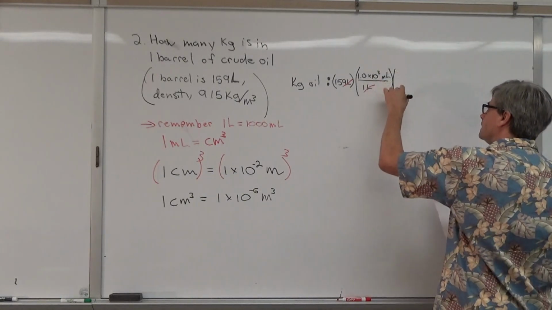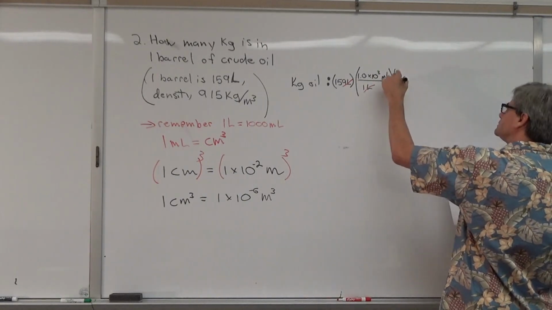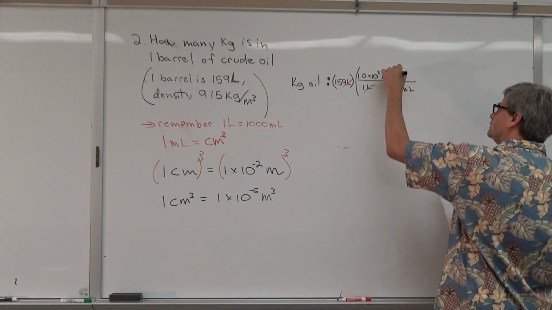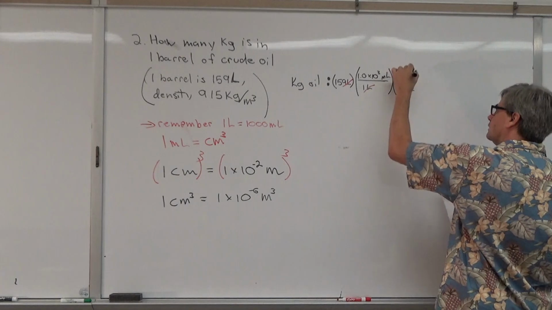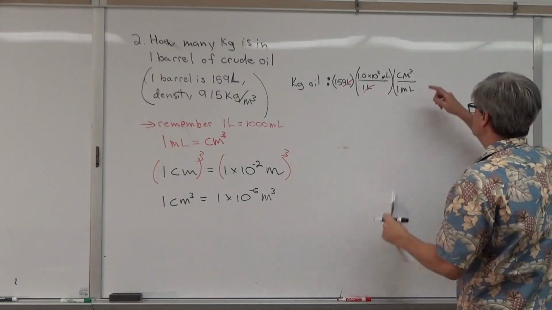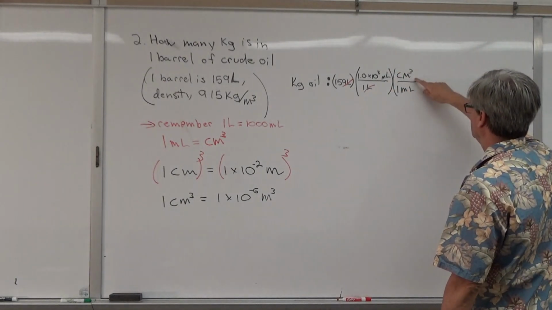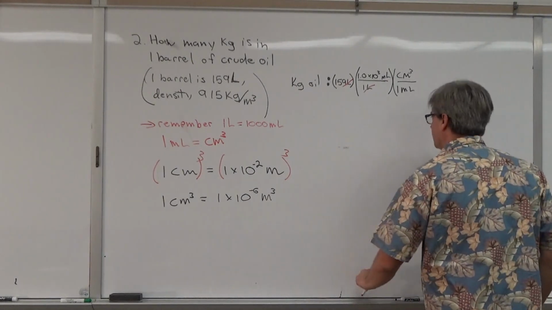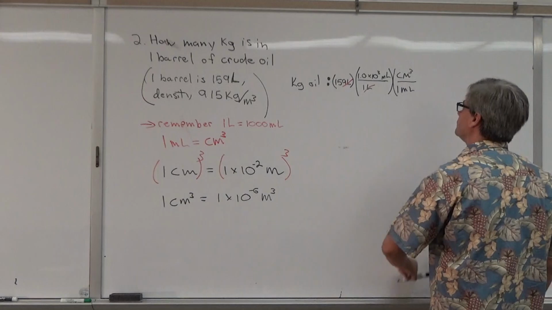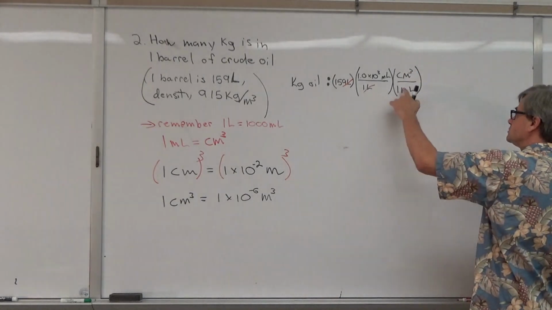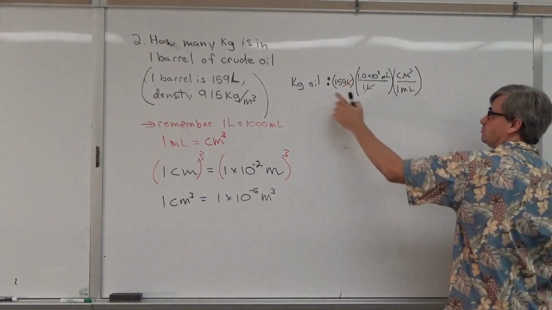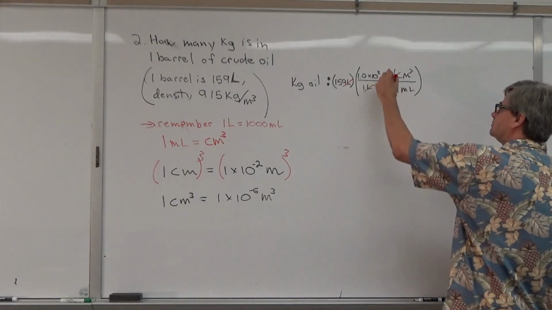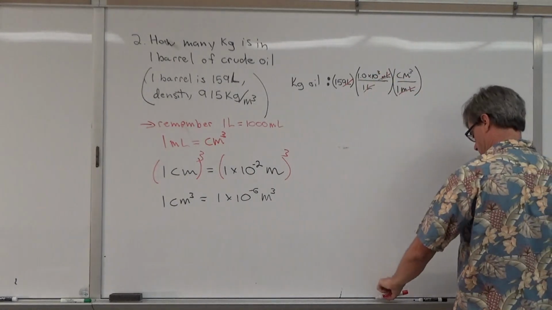And I know that 1 milliliter is a cubic centimeter. Why did you put the cubic centimeter up on the numerator and the milliliter down there? Well, I wanted to get rid of milliliters in my final answer, so I need to cancel them, and this is the place to cancel them.